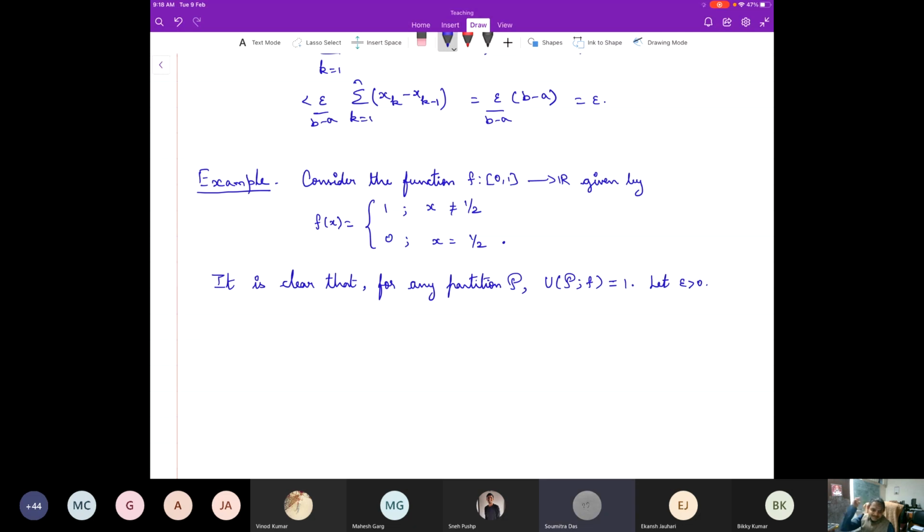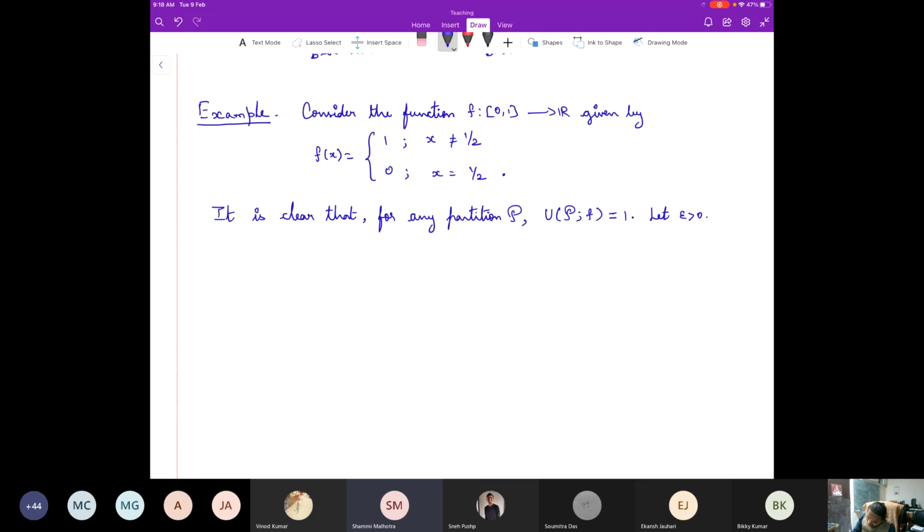So maybe we can take 0 to half minus epsilon by 2, then half minus epsilon by 2 to half plus epsilon by 2, and then half plus epsilon by 2 to 1. So now consider the partition P epsilon, this is what we wanted: 0, half minus epsilon by 2, half plus epsilon by 2, and then 1. For this partition.